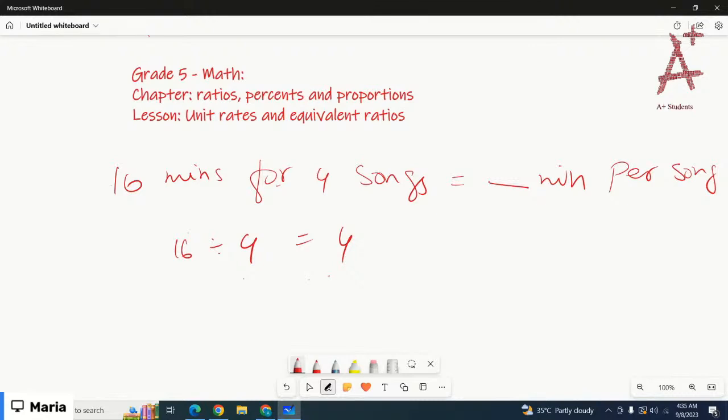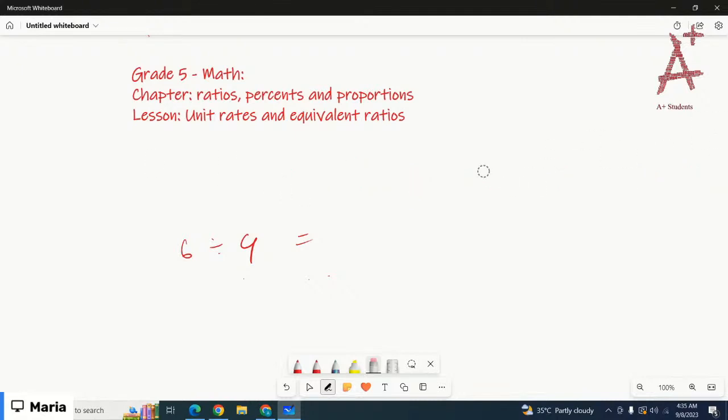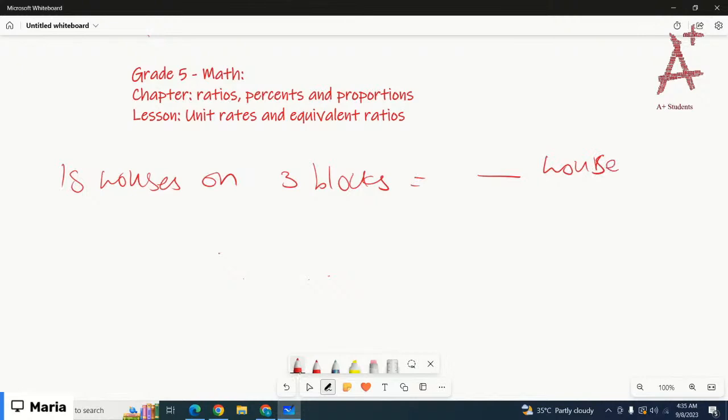The other example is 18 houses on 3 blocks. So how many houses per block? That means in one block, how many houses do you have?